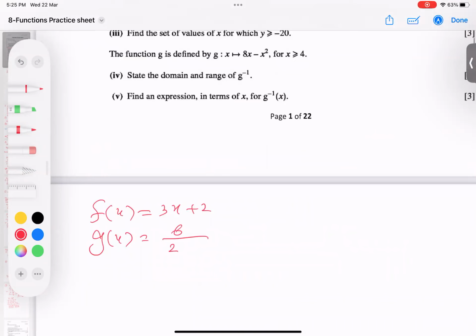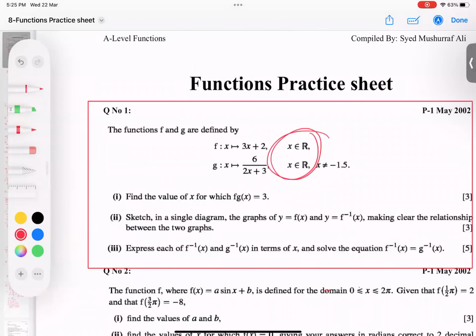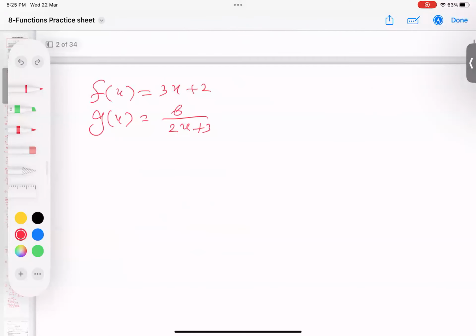He has given us the domains also, both luckily real numbers. So find the x value that satisfies this condition, fg of x equal to 3. So job number one: first of all, I copy the function f, done.